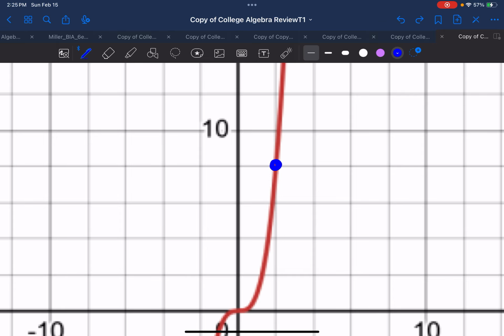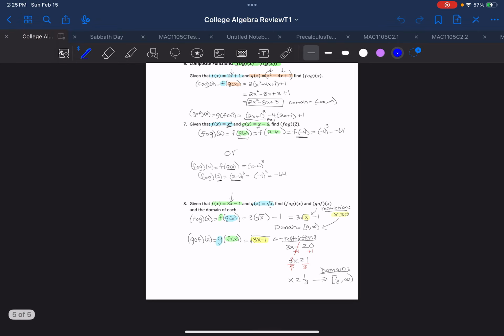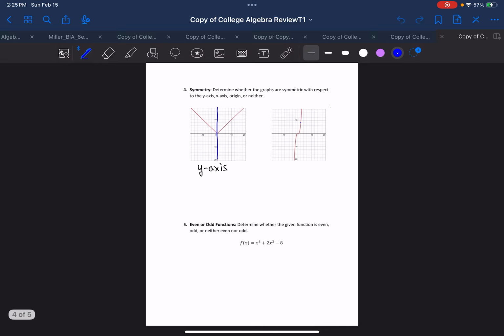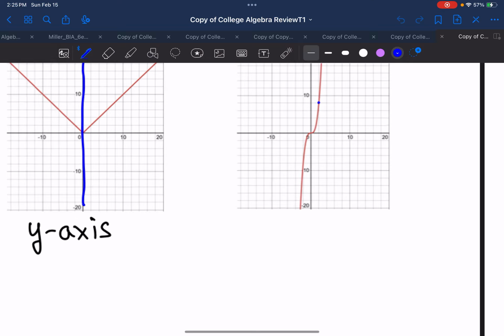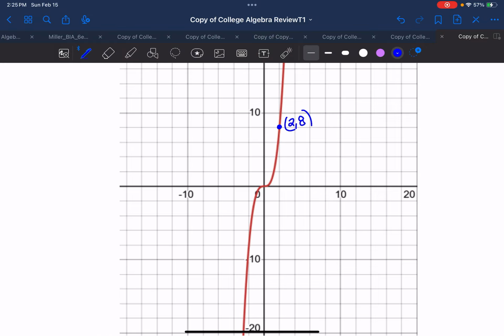This one, though, is definitely 2, 8. Okay, that point is 2, 8. And we have -2, -8 right here.